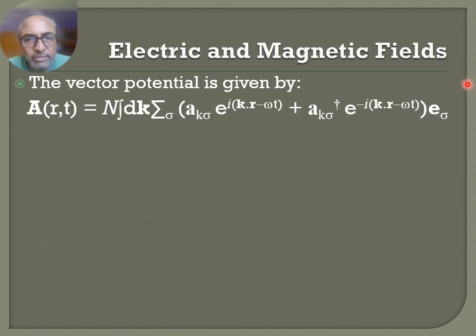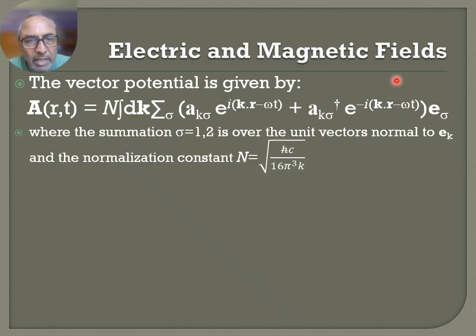The quantized vector potential is then given in terms of the creation and annihilation operators by this expression, where k is the direction of propagation of the beam and the summation is over the two transverse polarization directions perpendicular to it, and capital N is the normalization constant.